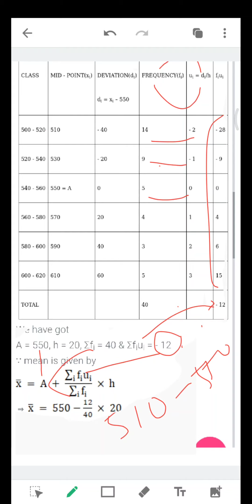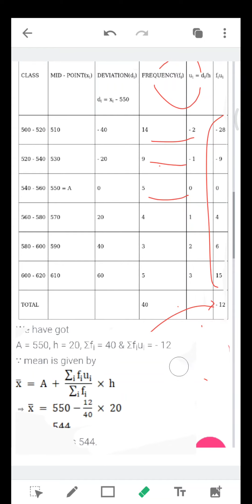All the values we have. So substituting all these values, let's see what happens now. I substituted all the values in the formula.